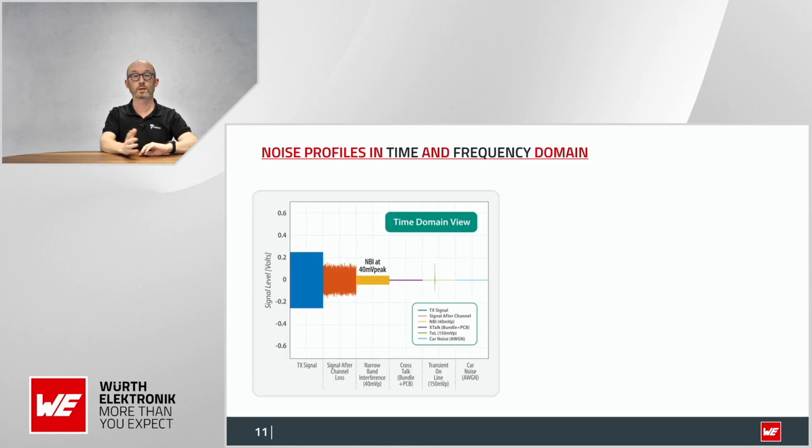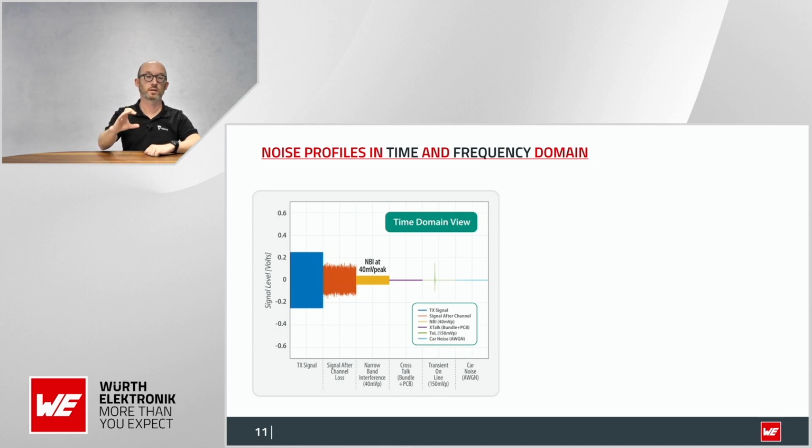How do these noise profiles look in time and frequency domain? Let's first have a look into the time domain view. You can see on the left side the blue is the transmitted signal, the wanted signal, as it is coming out of the transmitter. And afterwards the orange part in comparison is the signal as it is received on the receiving side.